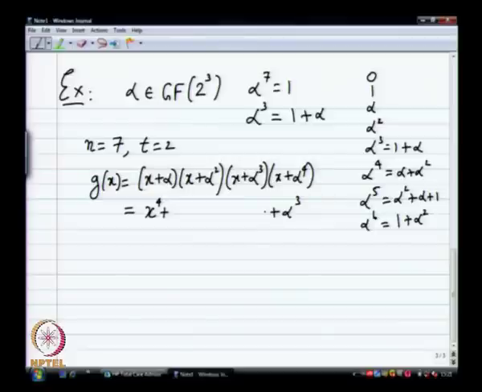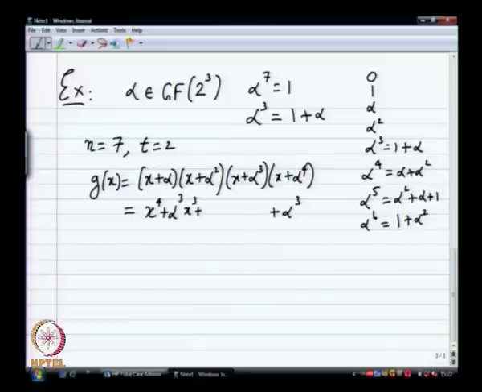For x power 3 you have to simply add alpha, alpha square, alpha power 3. So, you get alpha power 5 x power 3. Is that okay? Did I make a mistake? Oh, alpha power 3, okay. Okay.